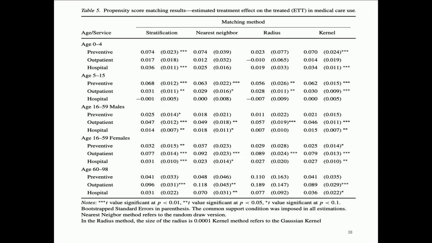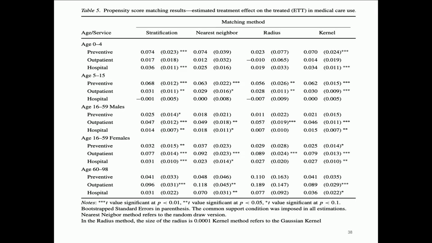And their outcome is medical care utilization, so they use 3 indicators for this: preventive, outpatient, and hospital. And as you see, they use different methodologies of matching, 2 we talked about and 2 we didn't talk about. So stratification, nearest neighbor is the one we talked about, 1-to-1 matching. Radius is also like a kind of average between several closest observations, and the kernel.